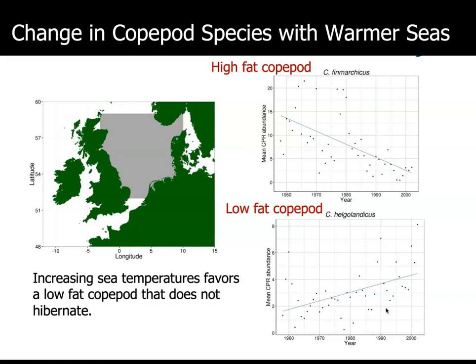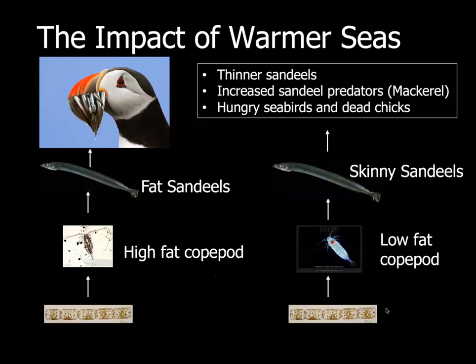So in the Arctic Ocean, due to warming temperatures, we're losing our high-fat copepod and replacing it with a low-fat copepod. And that's had a dramatic impact on seabird populations.